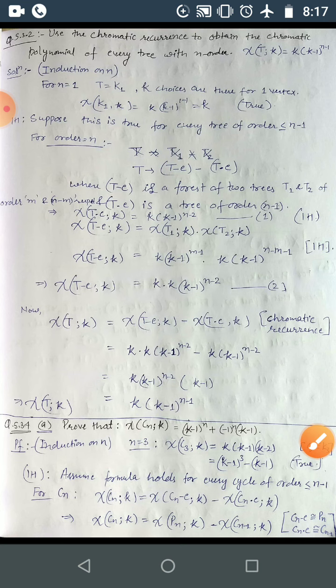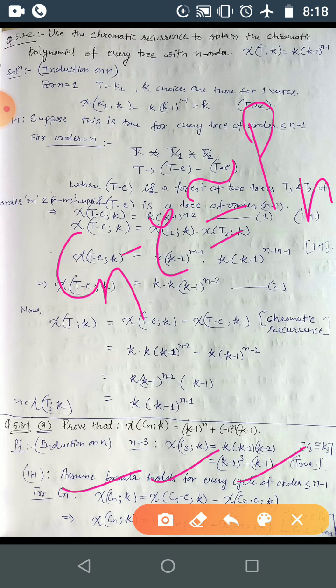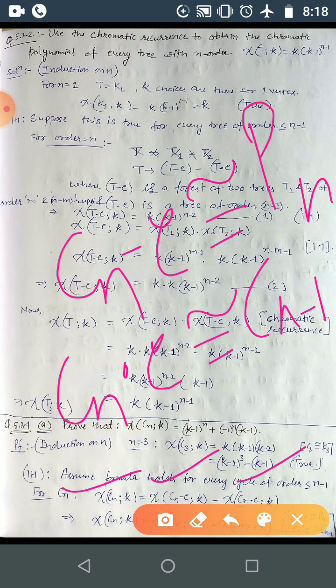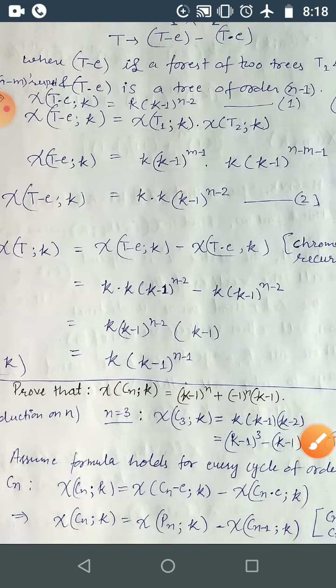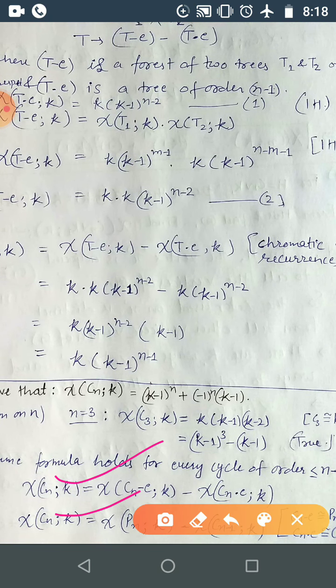So here I have just written the chromatic polynomial for Cn equal to the chromatic polynomial of Cn minus E minus the chromatic polynomial of Cn dot E. Okay. So Cn minus E is isomorphic to Pn. This is the open path of order n, and when one edge gets contracted in Cn dot E, it will be isomorphic to Cn minus 1. So here I have just written it. Correct? I can zoom it if you want. So here I have just explained it. Okay.